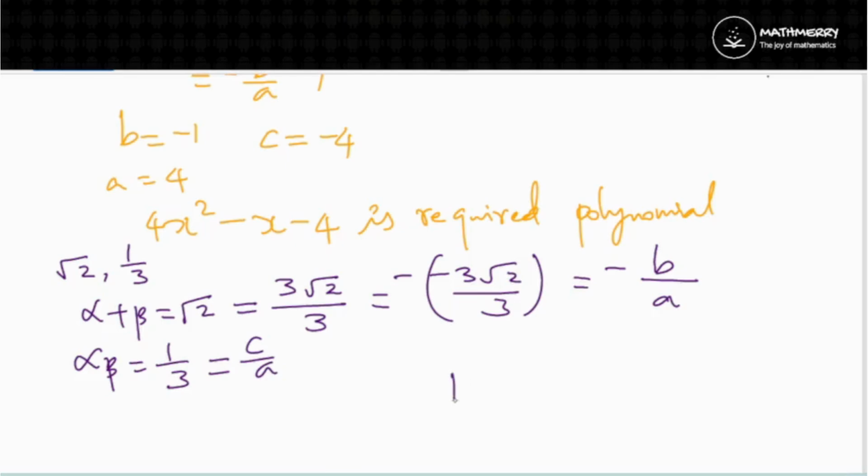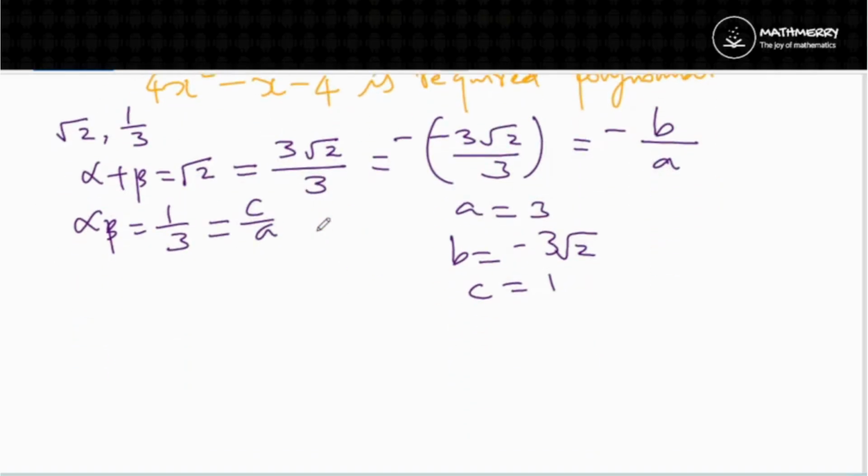So here b is equal to minus 3 root 2, a is equal to 3 and c is equal to 1. So this is what we are getting. So using this we can form an equation which is 3x square minus 3 root 2 x plus 1 is the required quadratic polynomial.